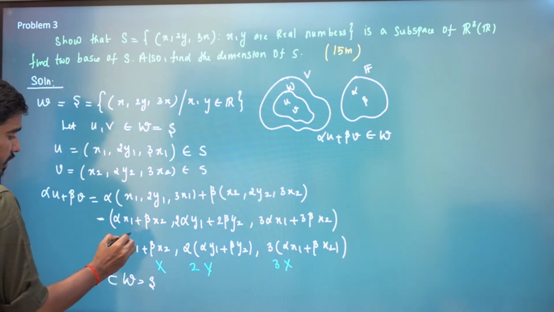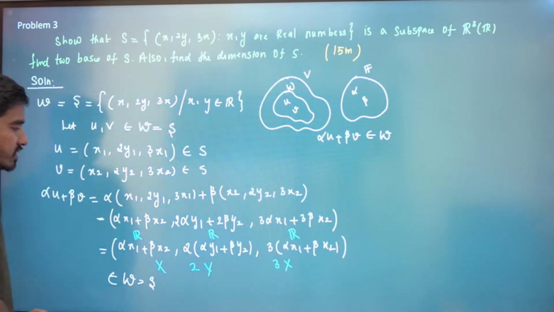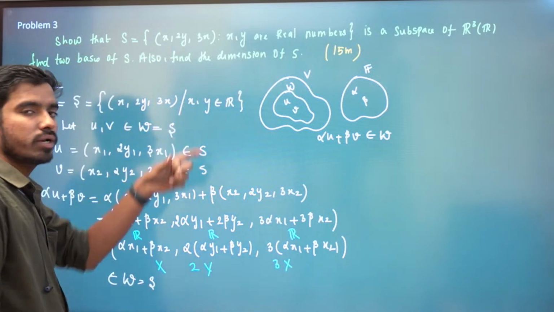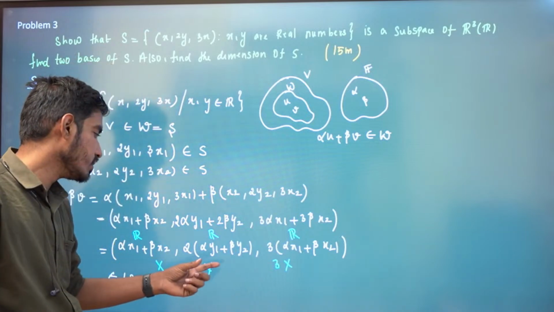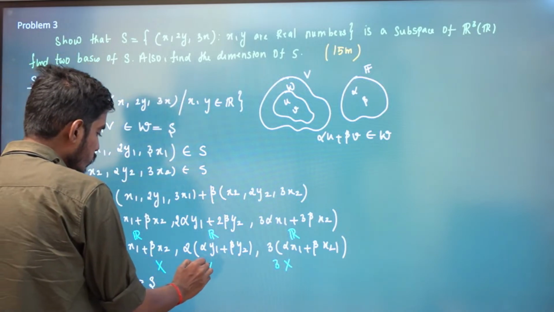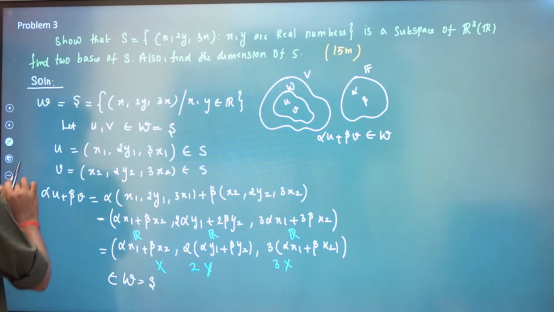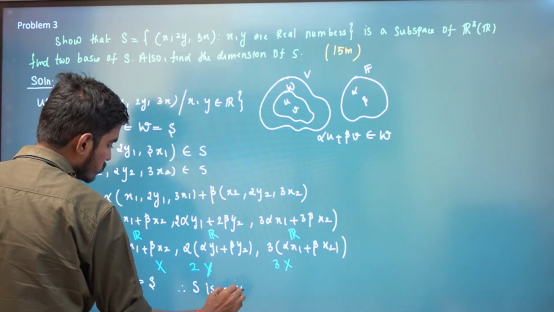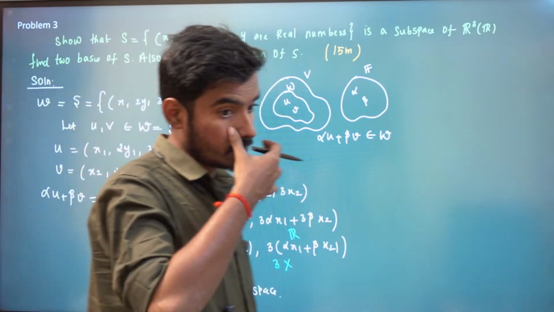See, this is a real number, this is a real number, this is a real number. Because alpha, beta are from the field, that is real numbers, and x1, x2 are also real numbers. So sum and product of real numbers is also a real number. So a real number, 2 times a real number, and 3 times the first coordinate. So this also belongs to S. That means I can say the set S is a subspace, right?